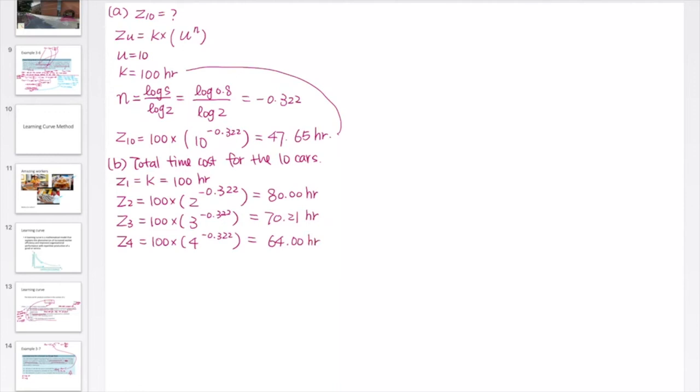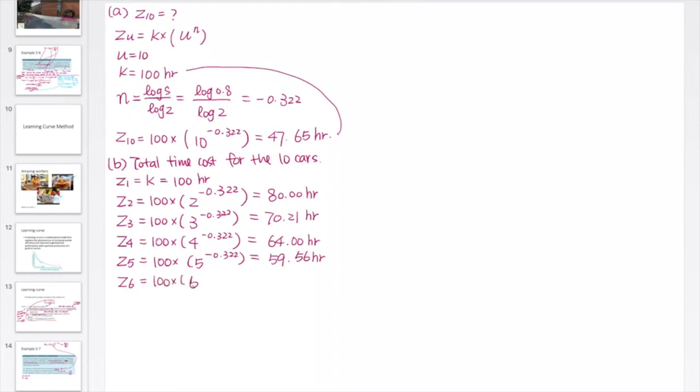So you can see that the more cars you produce, the more you practice, the fewer hours you use. And Z5 is 100 times 5 to the power of n, which is 59.56 hours.